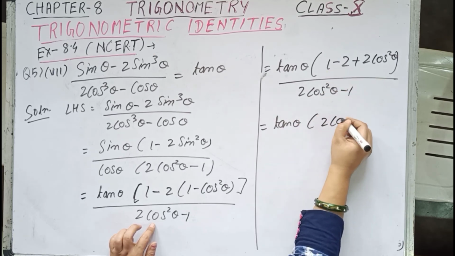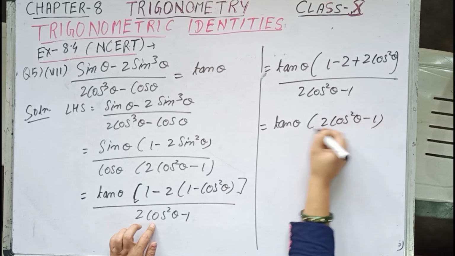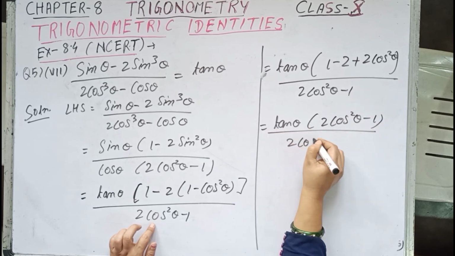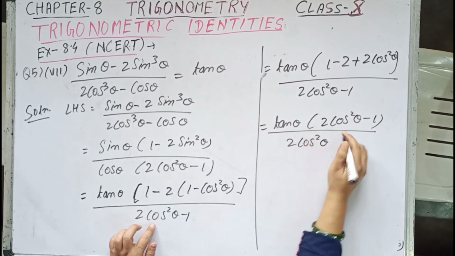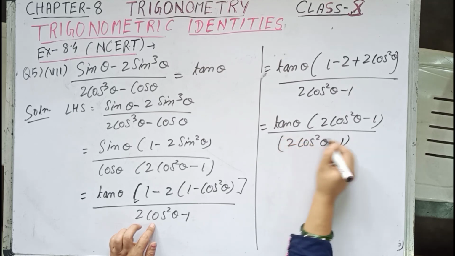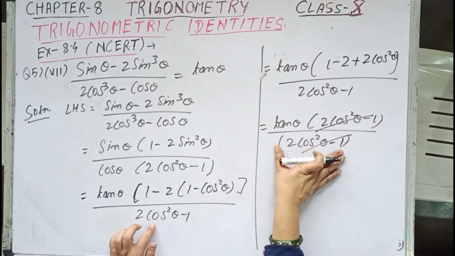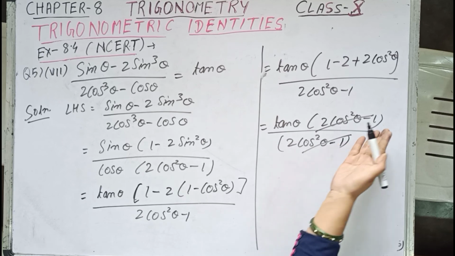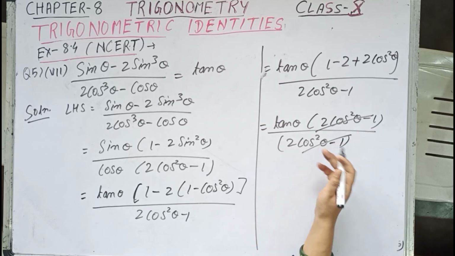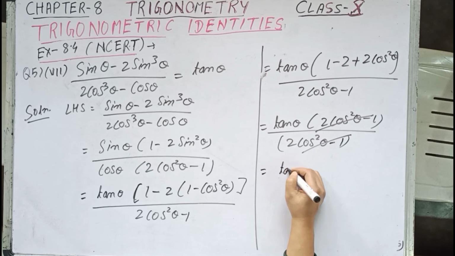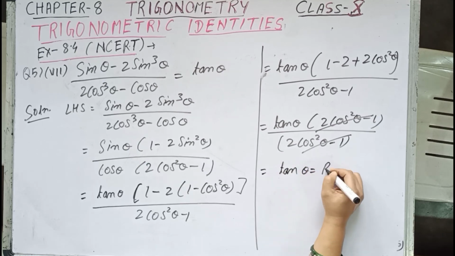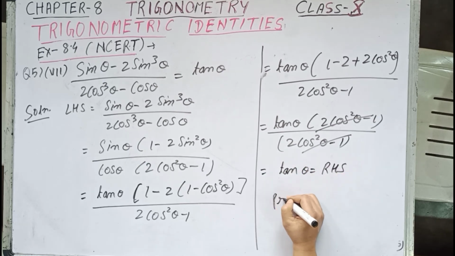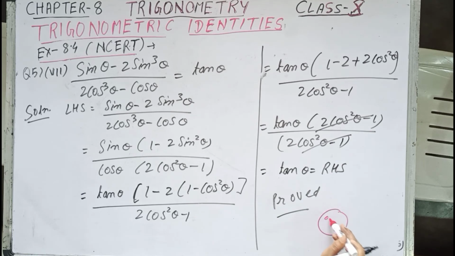So this I can write as 2 cos square theta minus 1 divided by 2 cos square theta minus 1. So this term will be cancelled. Make a bracket and then only cancel, because whenever two terms are there you cannot cancel both the terms without making a bracket. So this will be equals to tan theta, and this is equals to RHS, and this one is proved, and this is your happy face given to you if you have done the sum by your own.